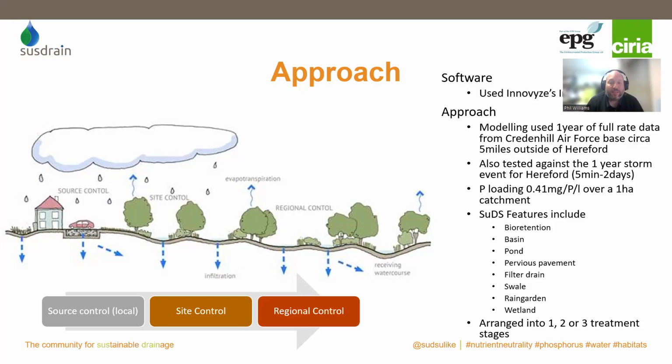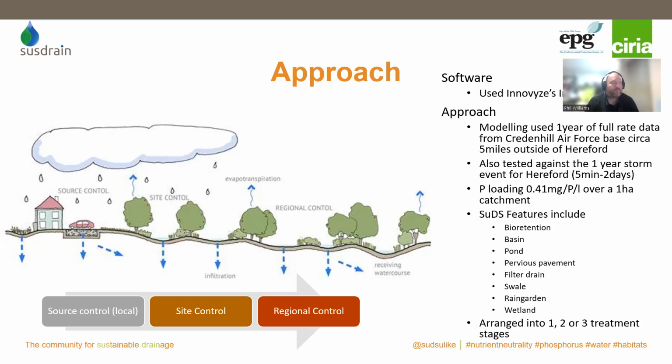The second one we did is we took a full year of rainfall data for the Credenhill Air Force Base and modeled how the SuDS systems would work for that full year's worth of hydraulic data. We used a phosphorus loading of 0.41 milligrams per litre over a 1 hectare catchment.